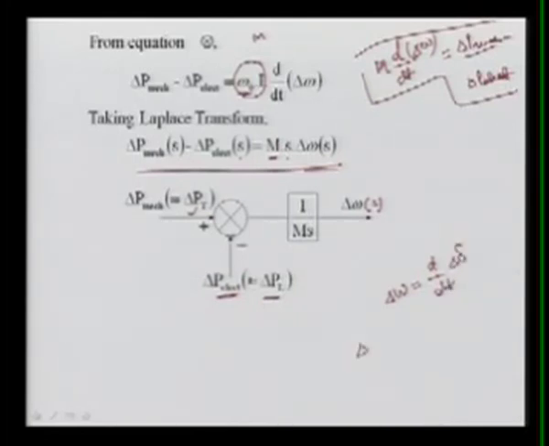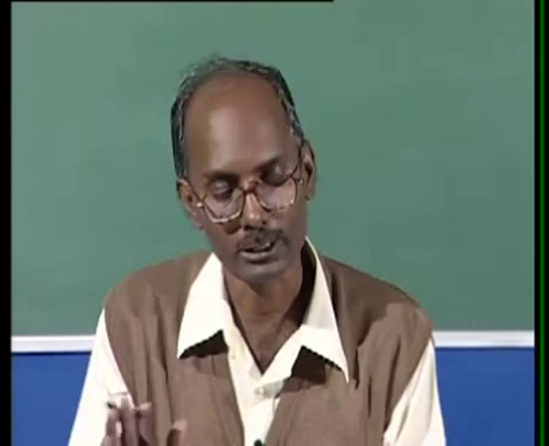So if you want to write omega S, that is nothing but S into the change in delta S. Or, if you want to write in terms of delta, delta S is multiplied by 1 upon S. Even though we can get delta terms also, our concern here is the frequency rather than delta. The change in omega is nothing but the change in frequency. Both are the same thing, there is no difference.